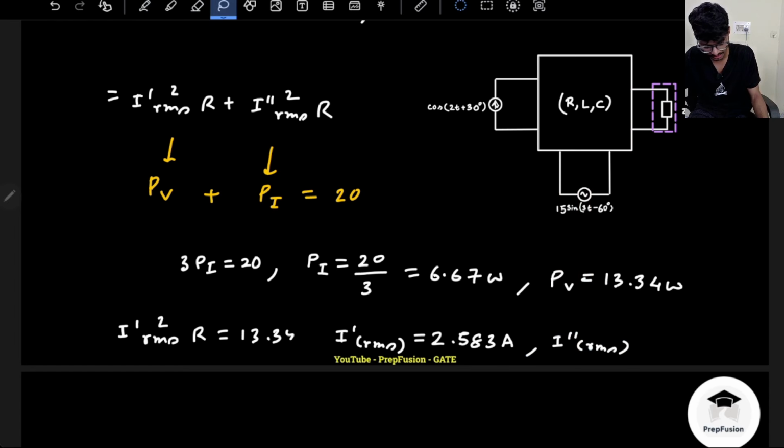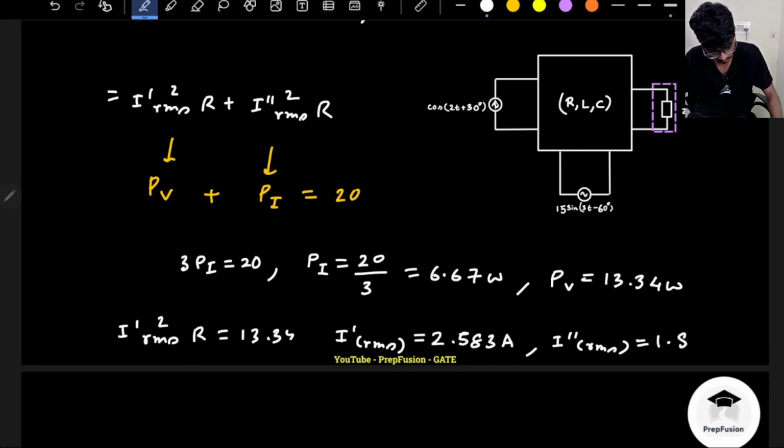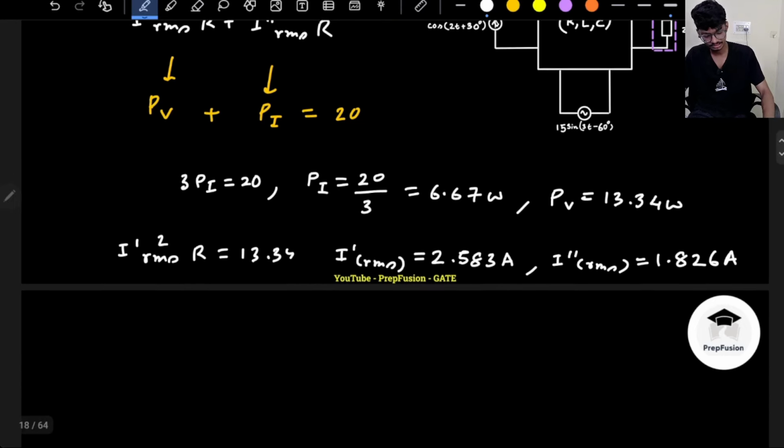Again, if I find out I double dash RMS, it will be 6.67 divided by 2. Then if I do whole under root, it will be 1.826 basically. Okay, so this is the I double dash RMS.